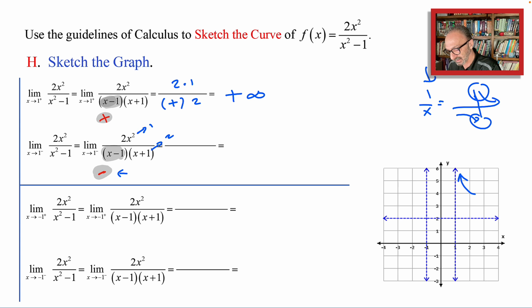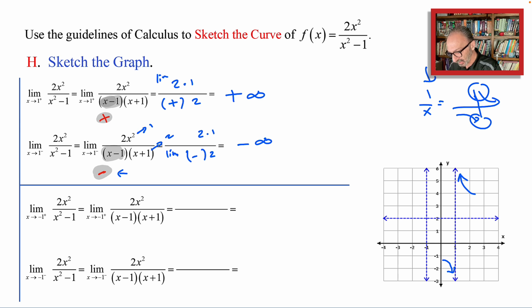Of course, this is like a limit right here, and this is like a limit also. 2 and 2 cancel, so we end up with 1 over x minus 1, and that's going to be negative small amounts, kind of like 2 times 1 and 2 right here, and this right here would be a very small negative number. Applying the limit to that, that will give me negative infinity. So we're going to go down this way to negative infinity. Let's go with the second part as x approaches negative 1 from right and left.